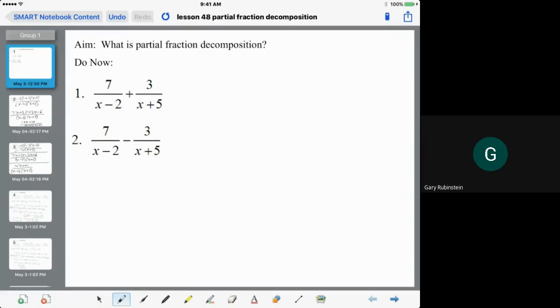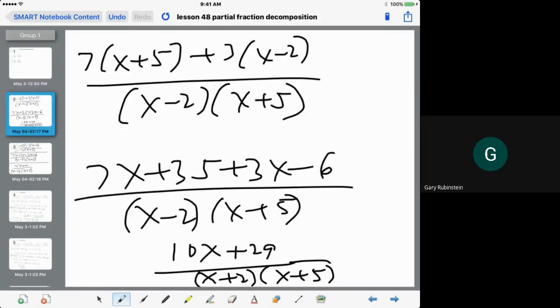It is 10x plus 29 for the first one. And would somebody type in what the numerator became for the second one? And that's right. It is 4x plus 41.